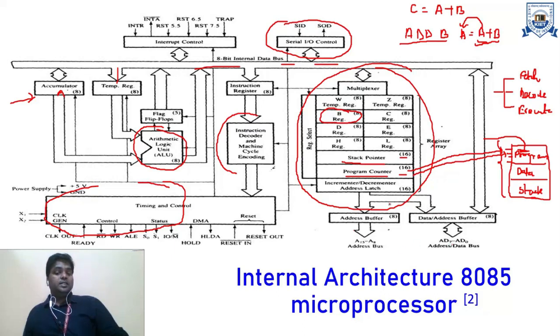Out of these 16 bits, 8 bits will also be used as the data bus. But at the same time it will not carry both address and data information. For some particular time these 8 bits will be considered as the address bus, and at another time these 8 bits will be considered as the data bus. This is the meaning of the address bus buffer and data bus buffer.